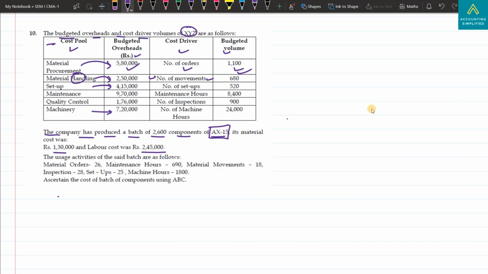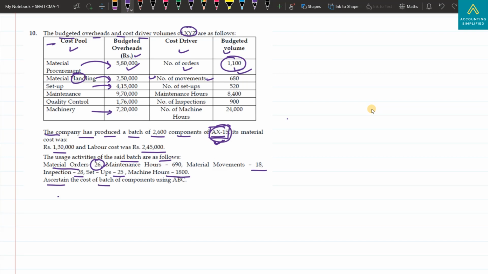The usage of activity for manufacturing of AX15, the said batch, is as follows. The material orders are 26, out of the total 1100. Maintenance hours 690, material movements 18, inspection 28, setup 25, and machine hours is 1800.